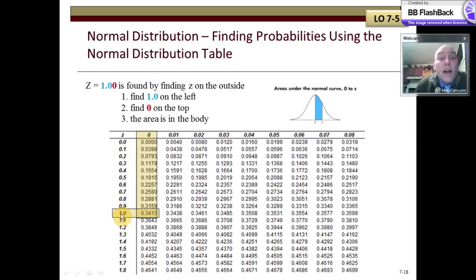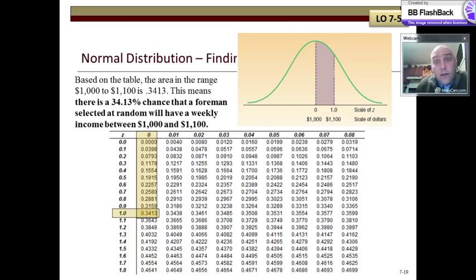Second, I find 0 across the top. 0 is the hundredths spot. I find where those two things intersect, and right there, 0.3413 is the area between z equals 0 and z equals 1.